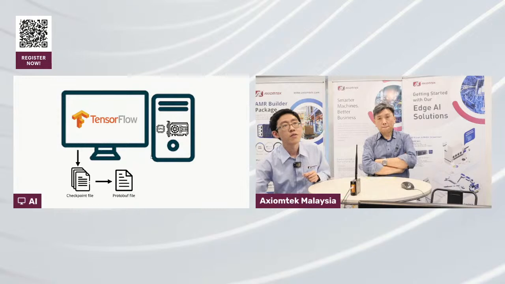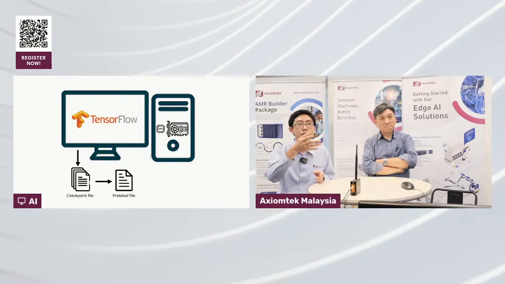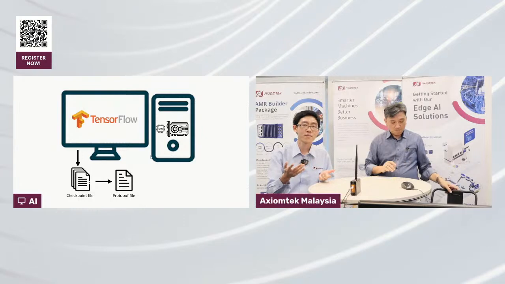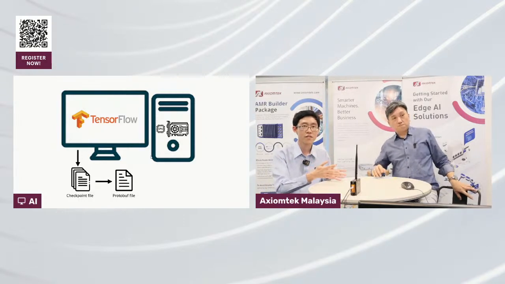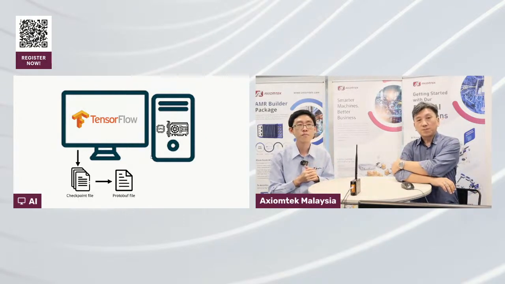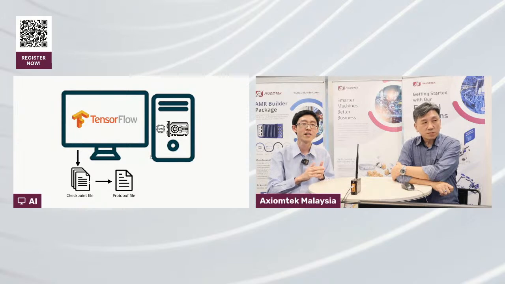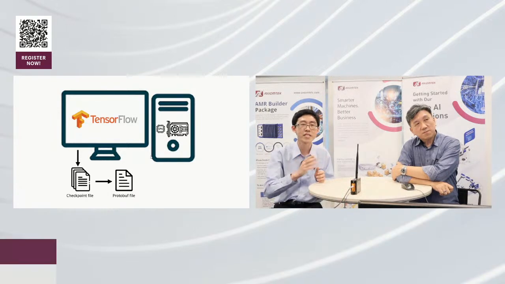For inference, you need the protobuf file to run it. You can run inference with TensorFlow by using the protobuf file. Actually, the checkpoint file can also be used to run inference, but the protobuf file is better because the file size has been reduced and the unused parameters removed.